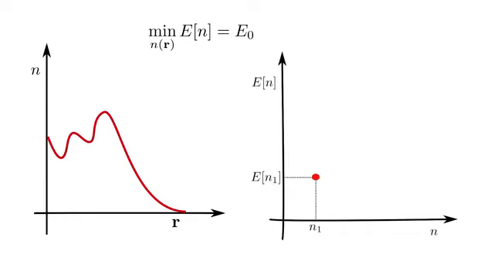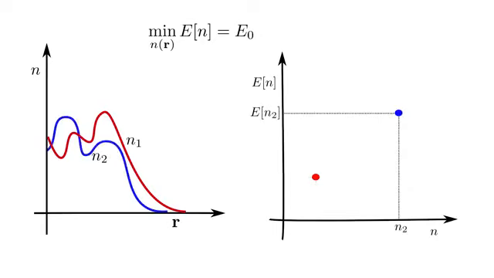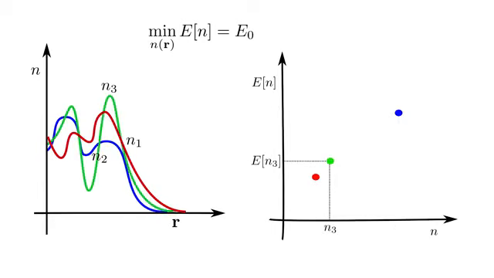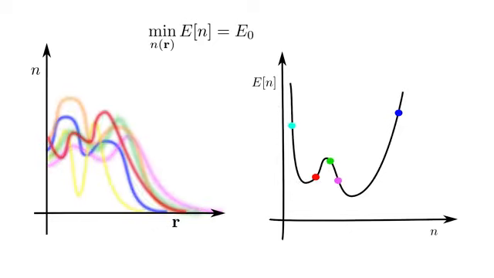For a given density profile, let's call it n1, we will have a certain total energy E of n1. For another density, n2, we will have another energy. Same for n3 and n4, and for as many densities required to figure out the shape of the energy surface.